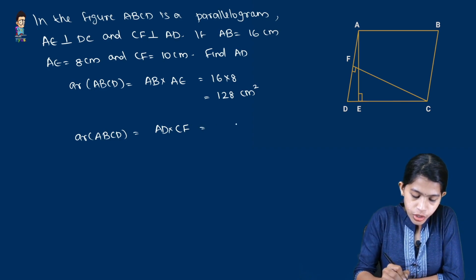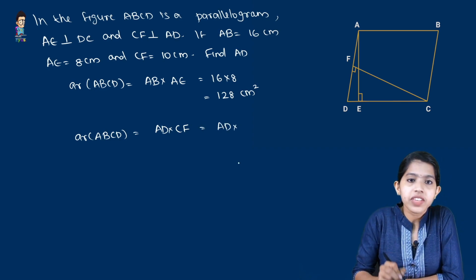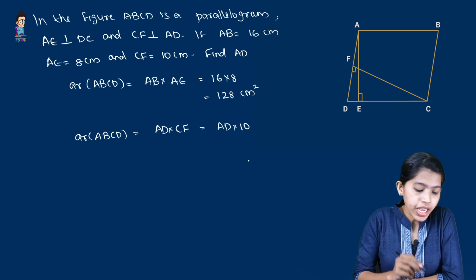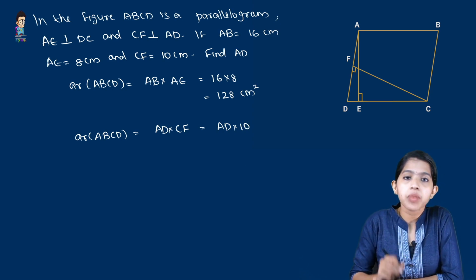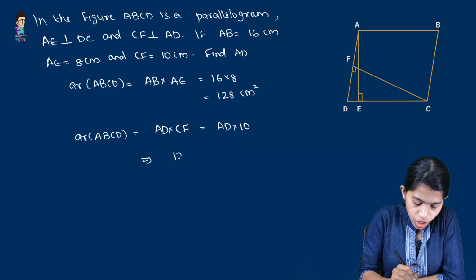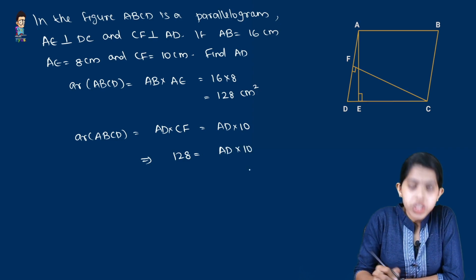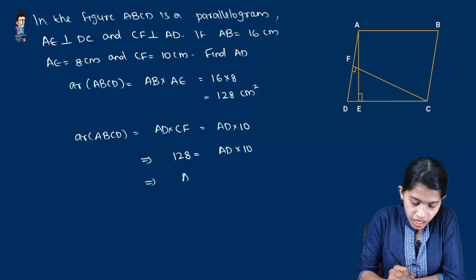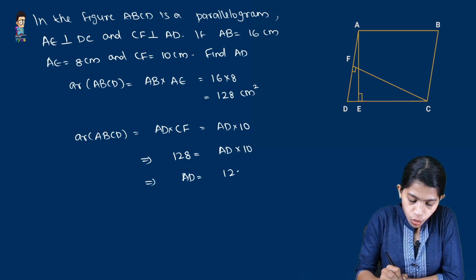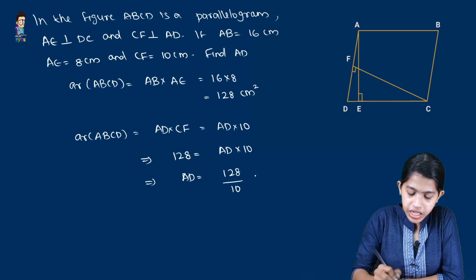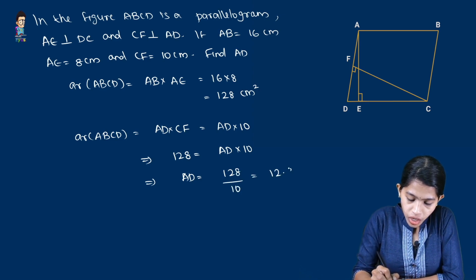CF is given as 10 centimeter, and we have already found that area of the parallelogram ABCD is equal to 128, which implies that 128 is equal to AD into 10, which implies that AD is equal to 128 divided by 10, which is equal to 12.8 centimeter.